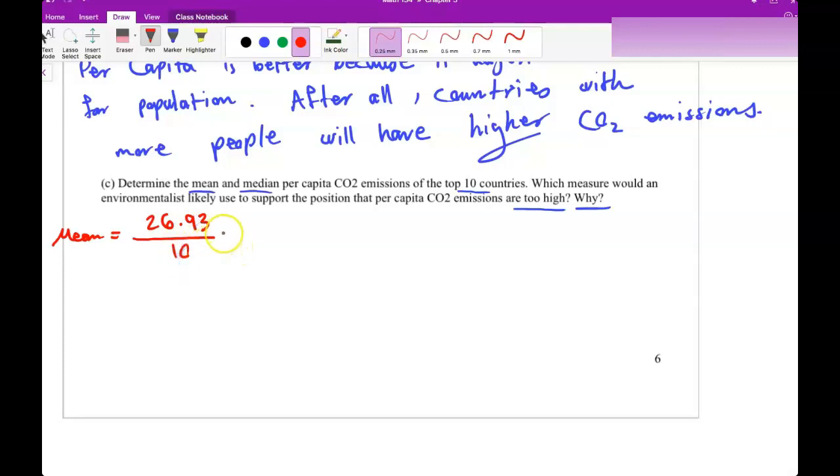And divide by 10, so it's 2.693, in 1,000 metric tons. So this is the answer for the mean.